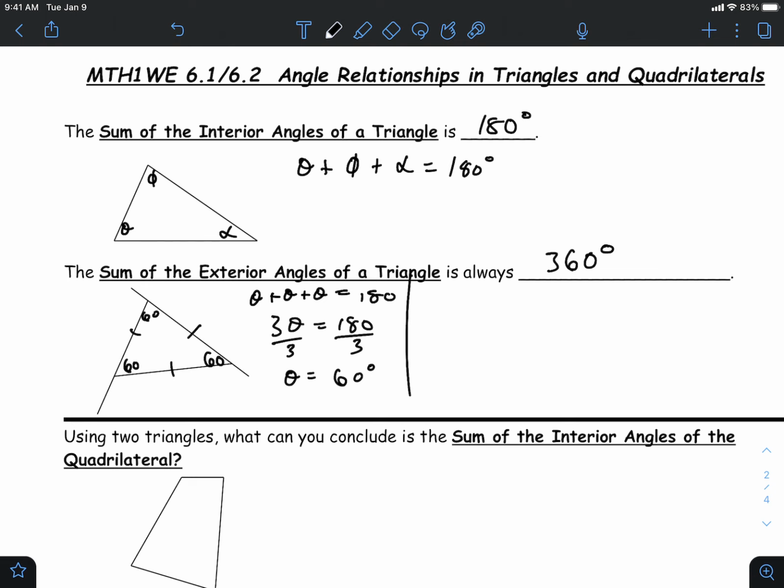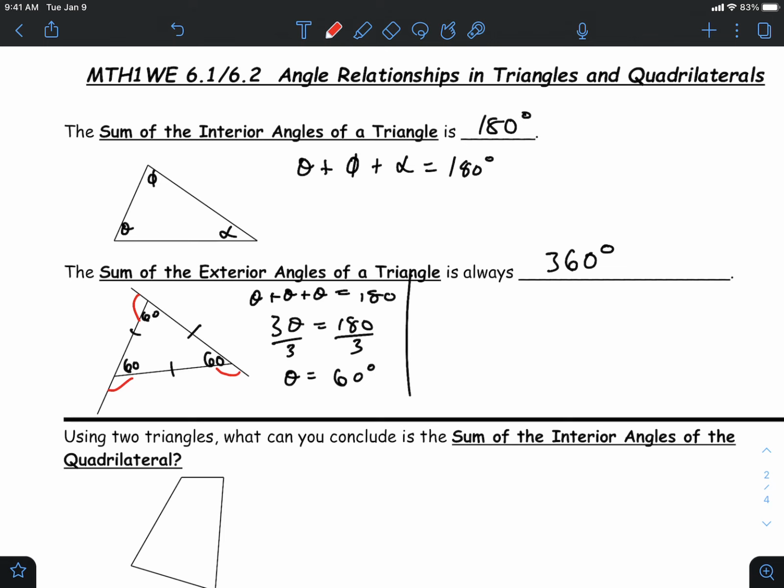Okay, and then we're going to use a little property from the other side of the page, the supplementary angles. So if I asked you, what must this angle be on the other side? On all of these, what has to that be?